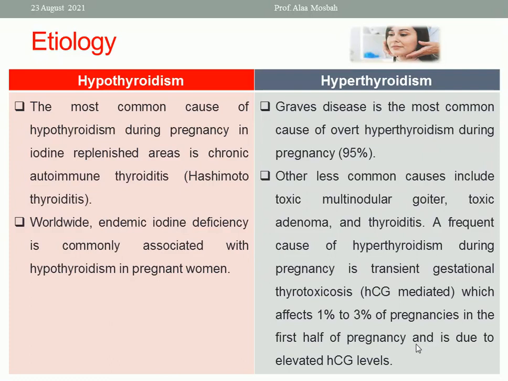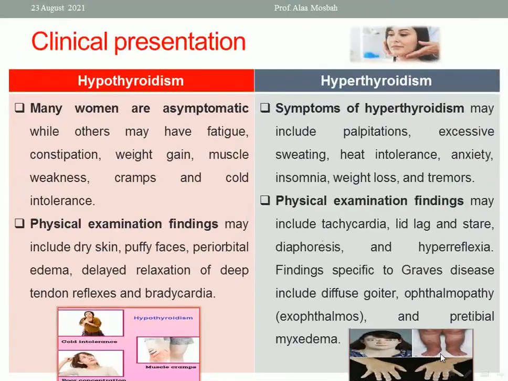Give me an example for that. You remember molar pregnancy, when the HCG level is very high, and this case is associated with thyrotoxicosis. So you can remember gestational thyrotoxicosis from molar pregnancy. Okay, again, in comparison between hypothyroidism and hyperthyroidism.